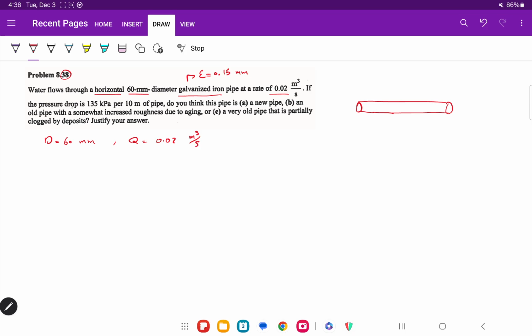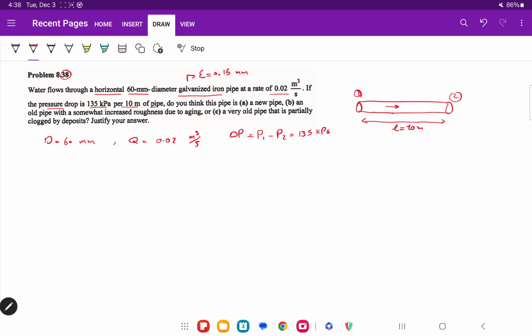If the pressure drop is 135 kilopascal per 10 meters of pipe, so the length L is 10 meters, and here is section 1, section 2, then the pressure drop P1 minus P2 equals 135 kilopascal.